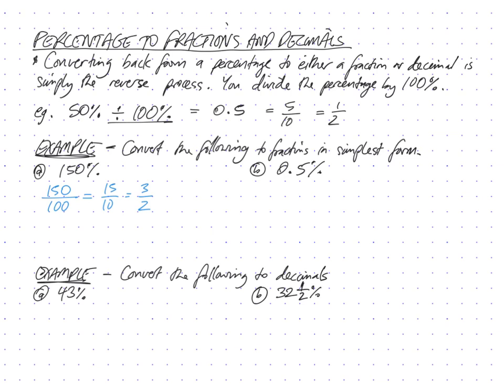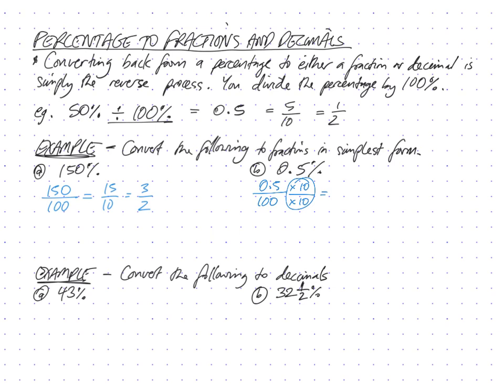Now this percentage over here is slightly more complicated because it's a decimal percentage, but we should be fine. 0.5% is the same as 0.5 over 100. We don't like decimals in fractions, so to get rid of that decimal, I want to times it by 10, and times the bottom by 10. We're allowed to do this because 10 over 10 is 1, and I'm allowed to times anything by 1 because it doesn't change the question.